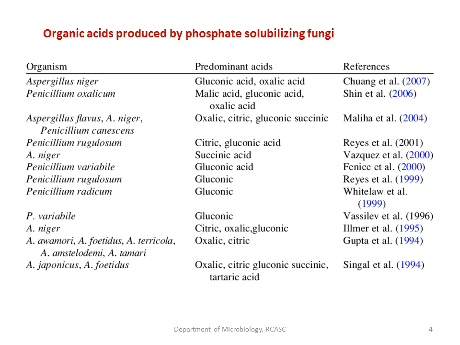Some of the predominant acids are gluconic acid, malic acid, oxalic acid, citric acid, succinic acid, and tartaric acid. These are the different acids involved in conversion of the insoluble phosphates into the soluble form.